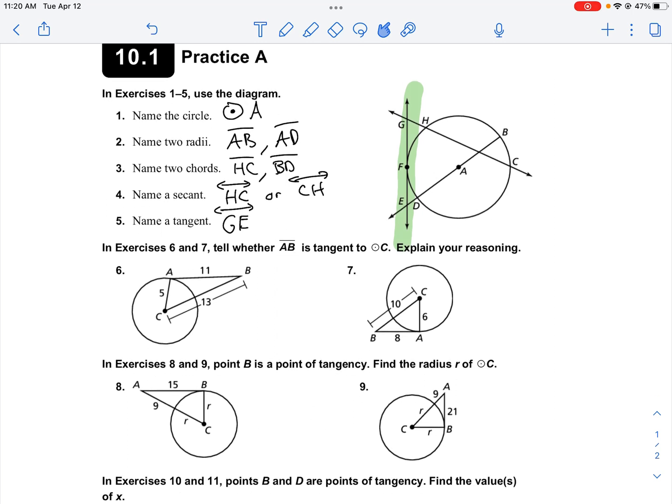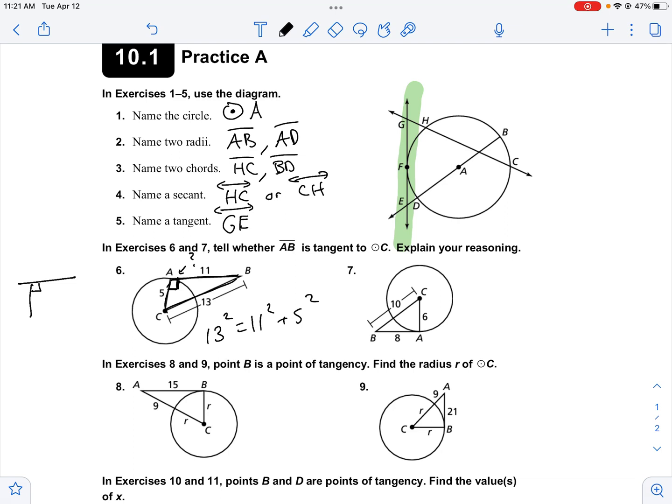All right, next we are asked to tell if AB is a tangent. Well, we know a tangent and a radius meet at 90 degrees. So I am checking to see if this is true. If it's true, I can use the Pythagorean theorem. So hypotenuse, 13 squared equals leg squared plus leg squared, and I'm just checking to see if those numbers are the same.